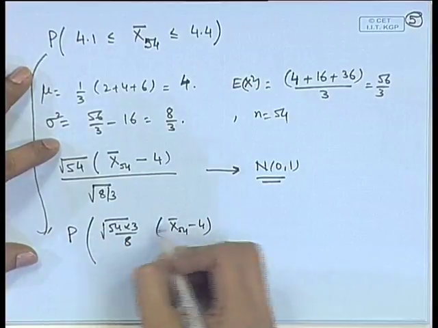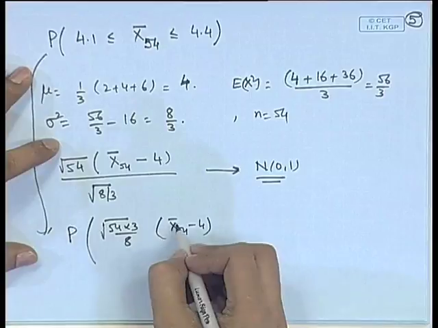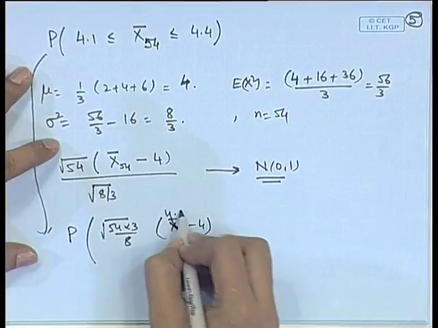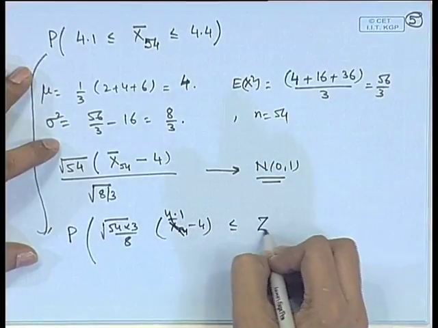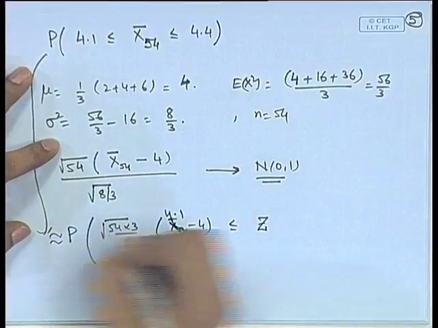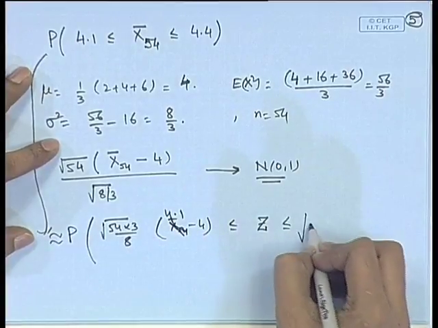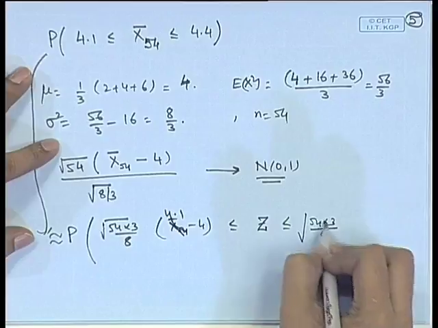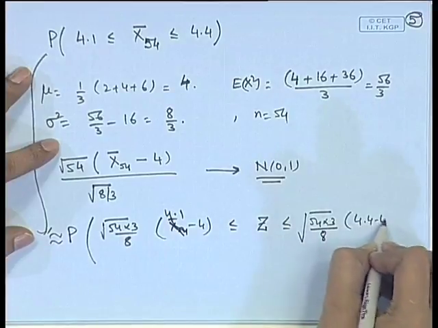So, this is 4.1 minus 4 less than or equal to Z, less than or equal to root 54 into 3 by 8 into (4.4 minus 4).